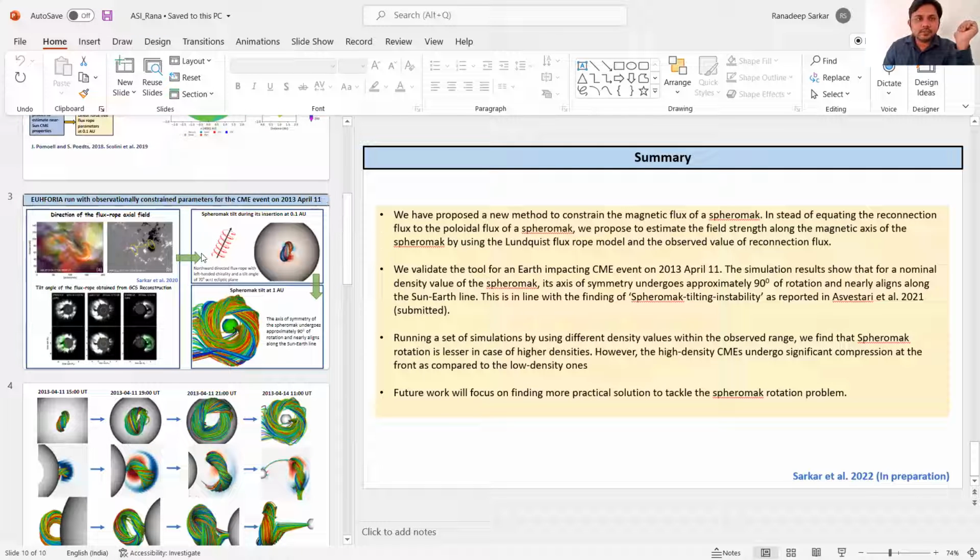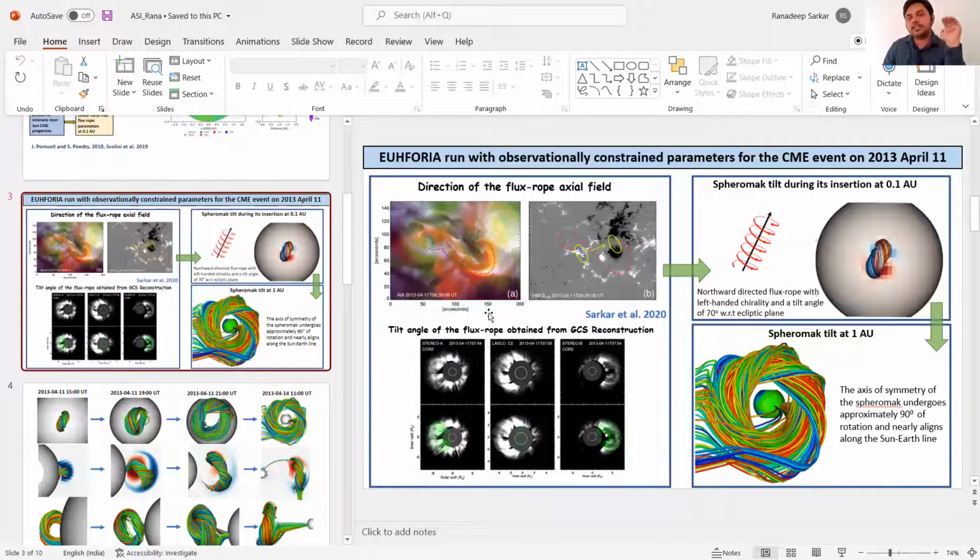Let me come to this slide. From here we estimate the axial direction, but what you see from the on-disk images is not the final orientation of the axis. So you then look at the orientation angle or the tilt angle from the GCS reconstruction.